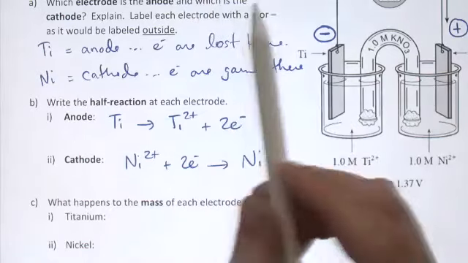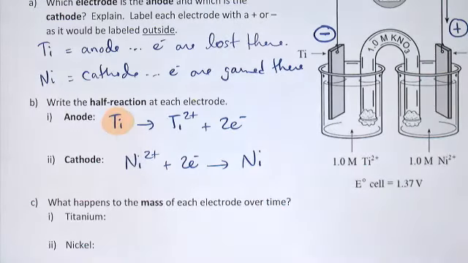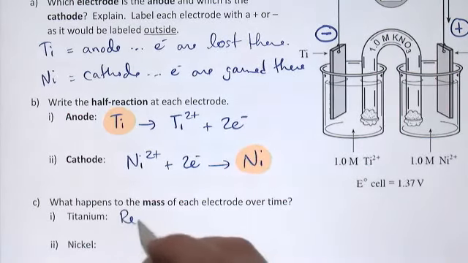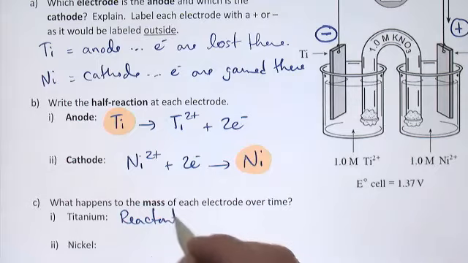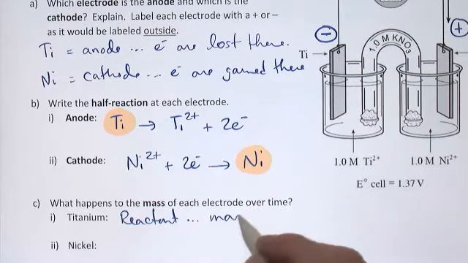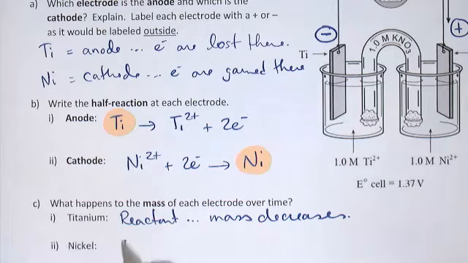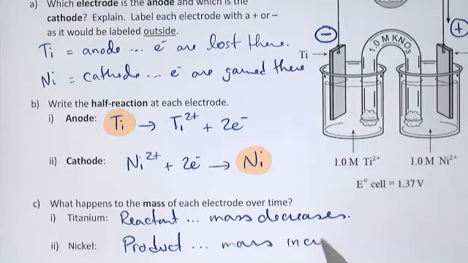The titanium is the reactant and the nickel is a product, isn't it? So this is a reactant. Mass decreases. Nickel is a product. The mass increases.